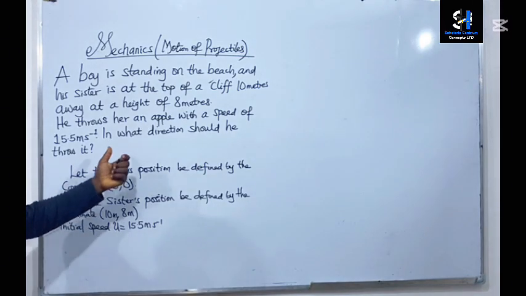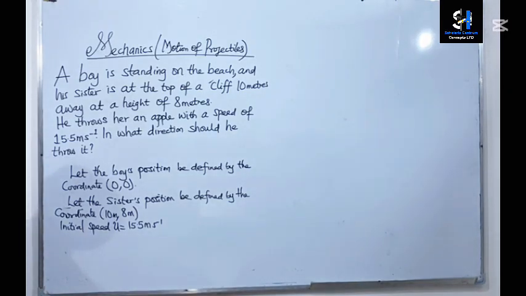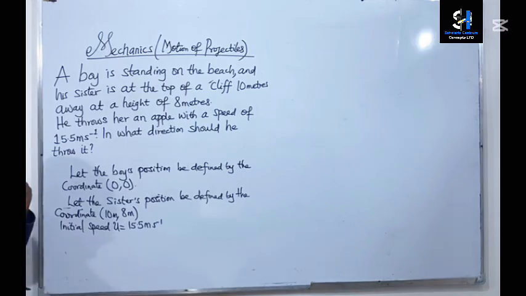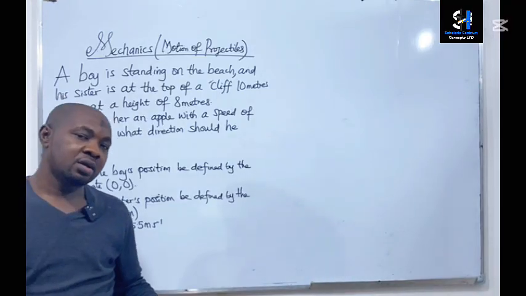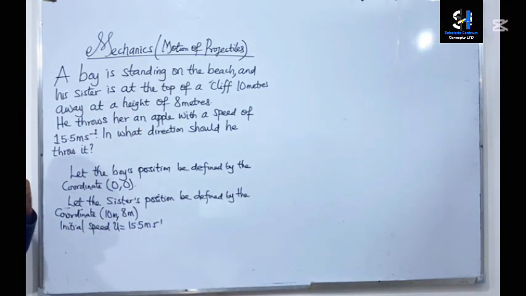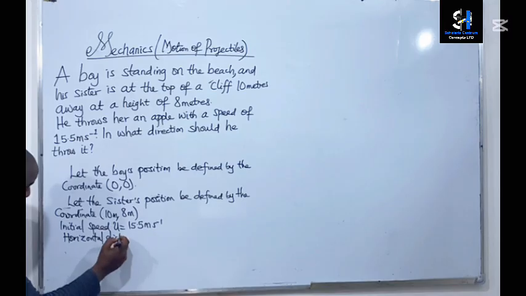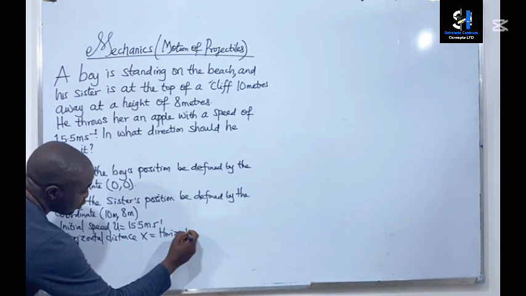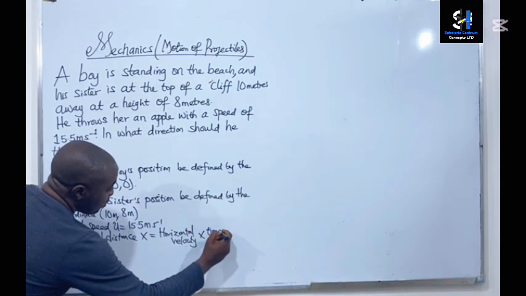Because we want to know in what direction the boy should throw the apple, what we are going to do is, here we have x and y, so we can just write down the equations for x and y using the initial speed we are given. We know that horizontal distance, which is x, equals horizontal velocity multiplied by time.